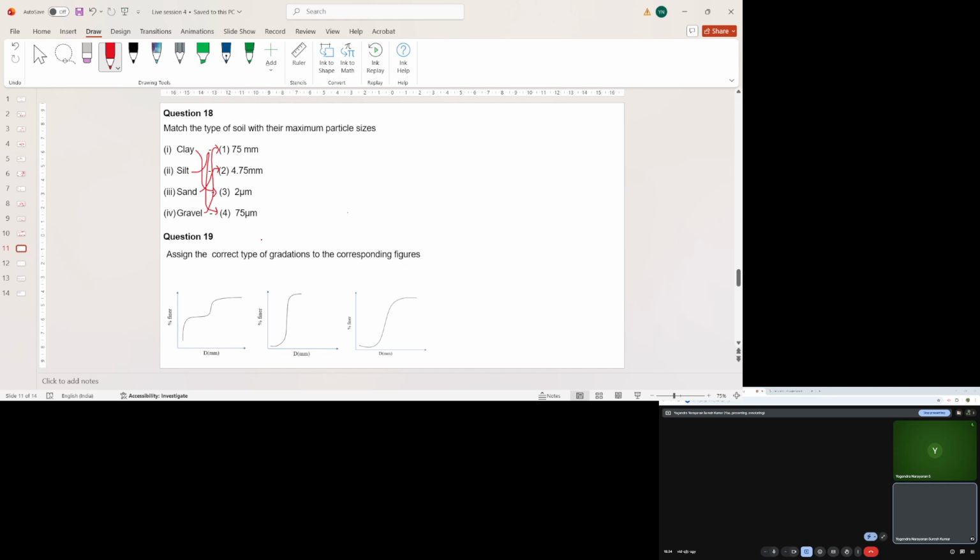Coming to the next question: assign the correct type of gradations to the corresponding figures. There are three types of gradation: gap graded, uniformly graded, and well graded.